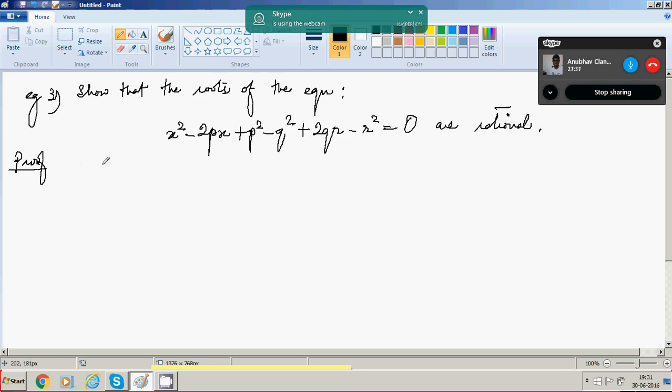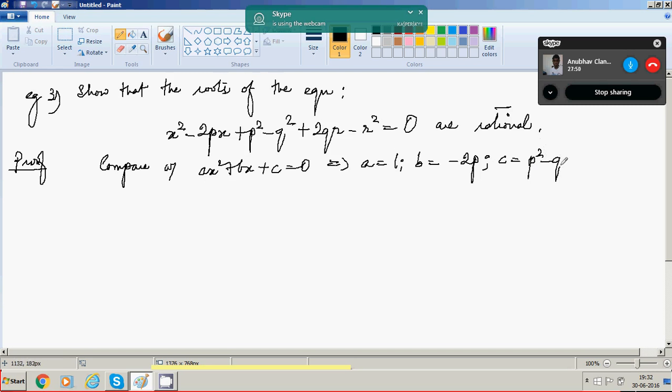So here we compare with, first of all, the standard equation ax squared plus bx plus c equal to 0, which implies minus 2p, r squared.